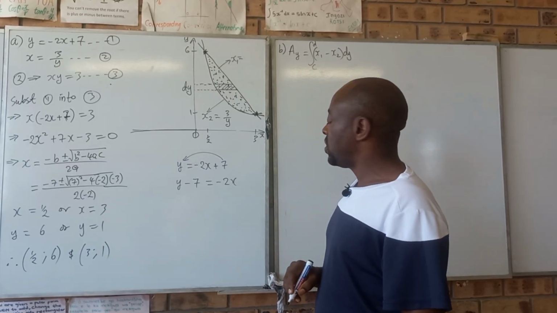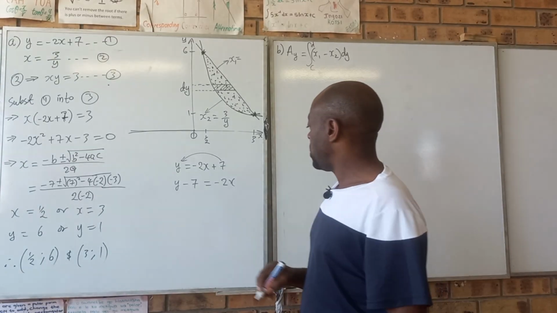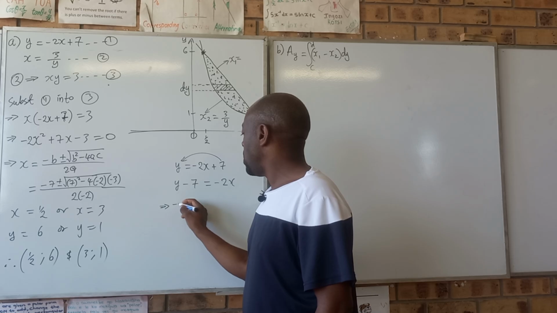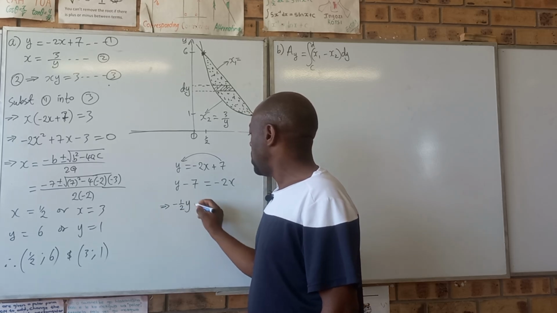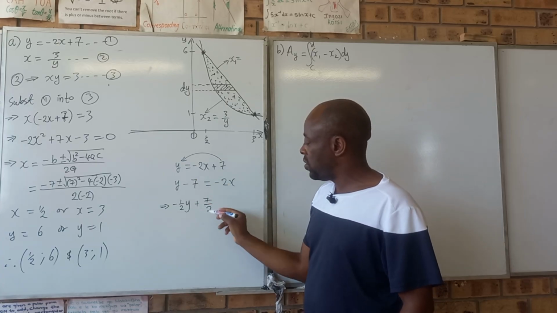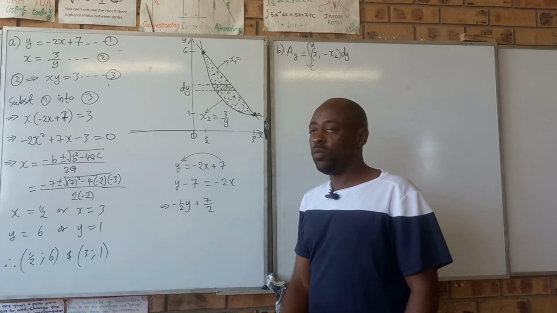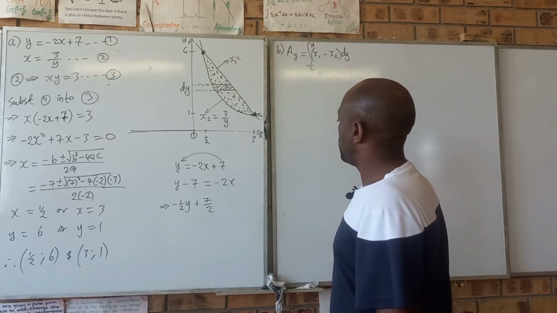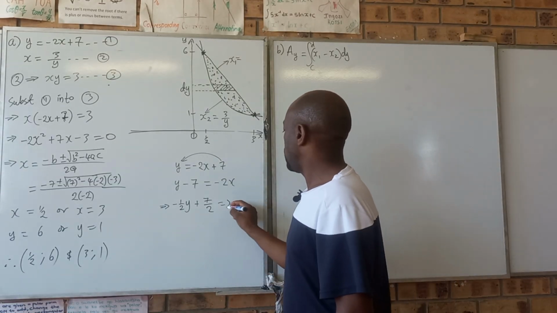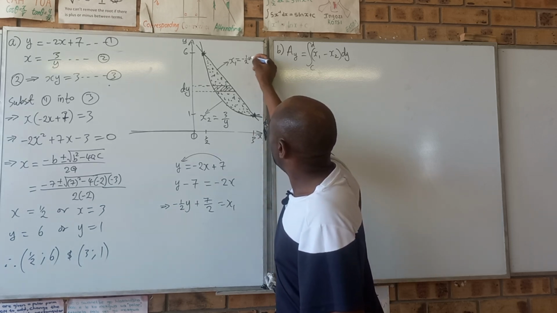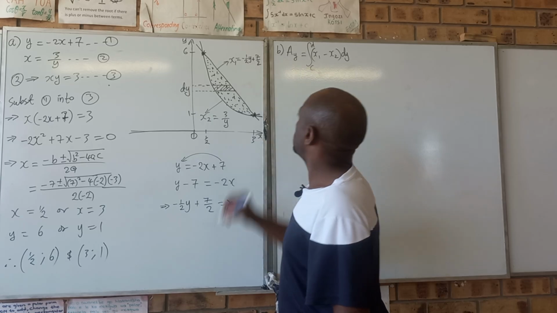Then I can now divide all through by negative 2. If I divide each term by negative 2, I'll get negative a half y, then plus 7 over 2, because if we divide this by negative 2, it's 7 over 2, and that will be negative a half y. So that will be our x1. That should give us the value for x1. So it's negative a half y plus 7 over 2.